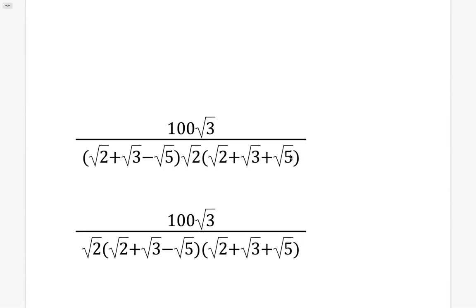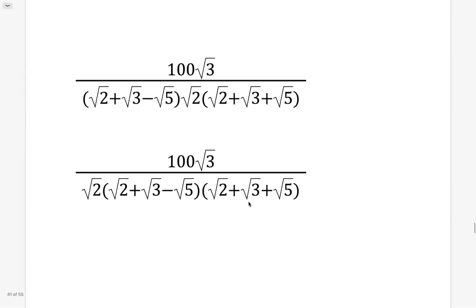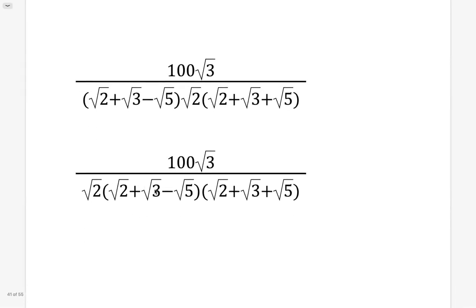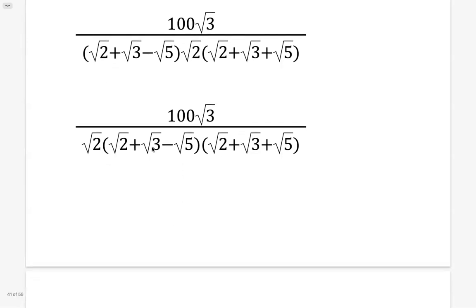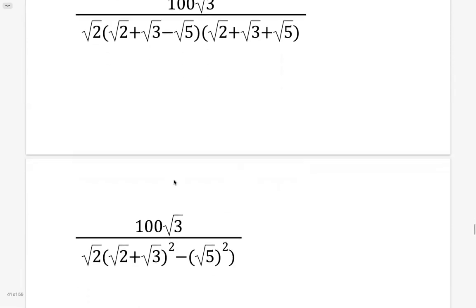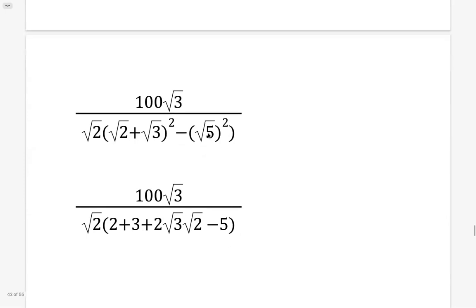Radical 10, now factor out radical 2, has radical 5 left. Now we see radical 2 plus radical 3 minus radical 5. Radical 2 plus radical 3 plus radical 5. We use the difference of two squares by treating radical 2 plus radical 3 as one term. So we get difference of two squares. So radical 2 plus radical 3 squared minus radical 5 squared.